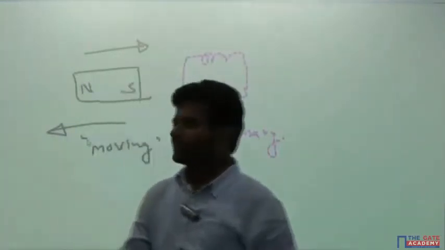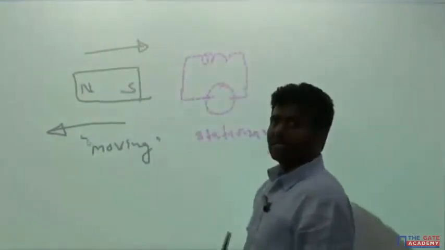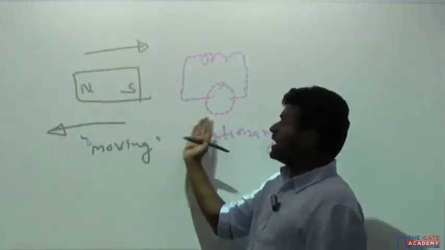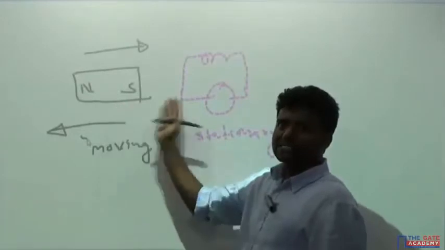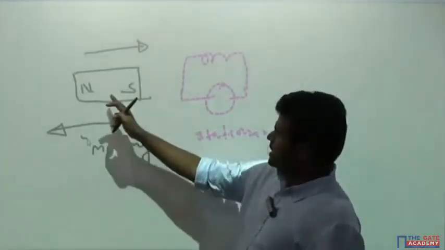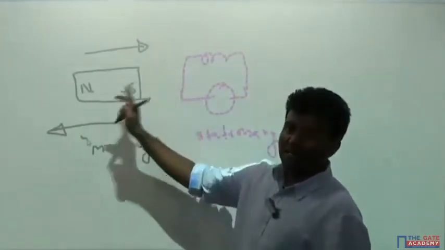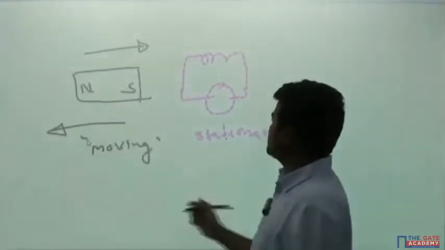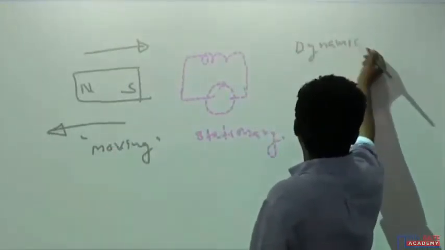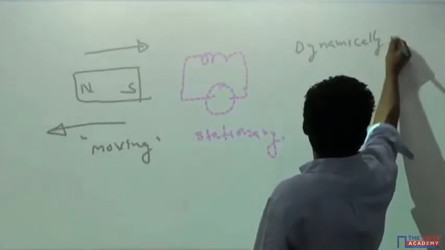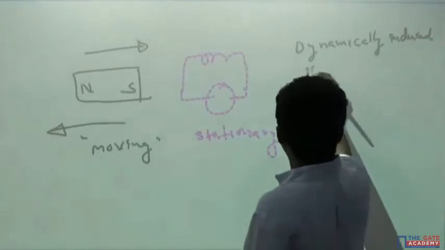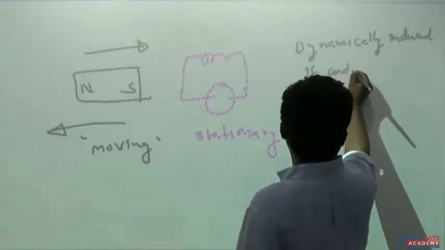But we have different names for the way the EMF is induced. For example, if the conductor is stationary and the magnet is moving, we call it static EMF. If the conductor is moving and the magnet is stationary, we call it dynamically induced EMF. Two terms. Dynamically induced EMF if the conductor is moving.